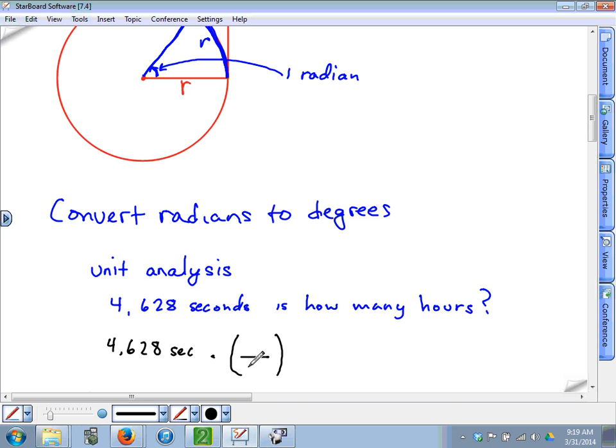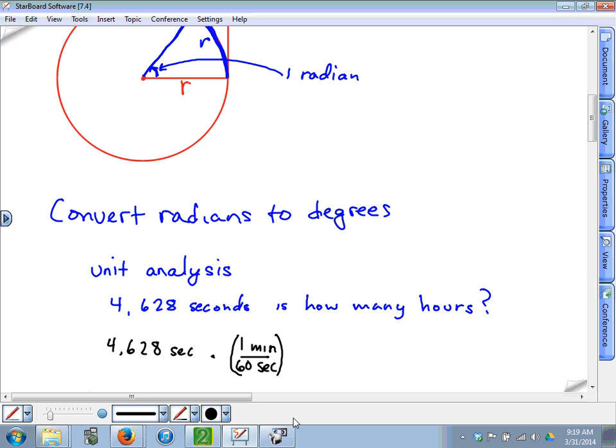We have to be a little bit clever about this. Okay? How many seconds are in a minute? Would you guys agree that 1 minute is equal to 60 seconds? Is that true? Now, didn't I just tell you had to multiply this by something divided by itself?